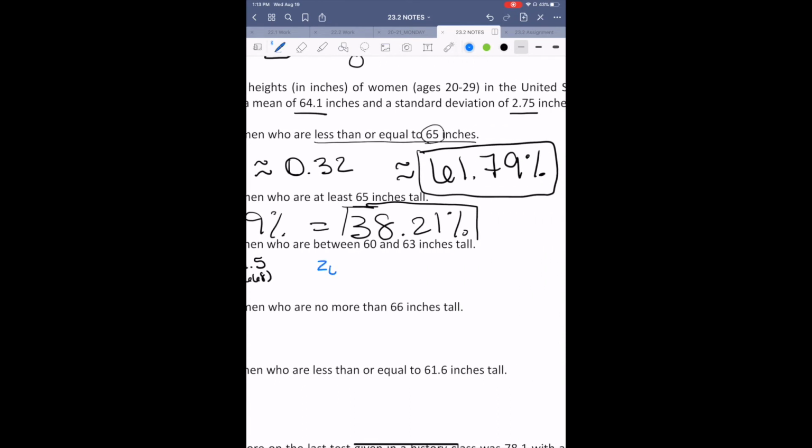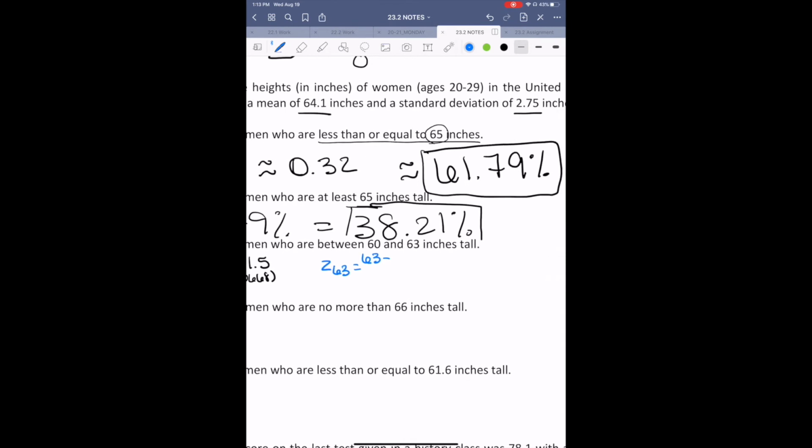So the Z-score for 63 is 63 minus the mean, which is 64.1, divided by the standard deviation of 2.75. Enter that into your calculator, and you get a decimal value of negative 0.4.